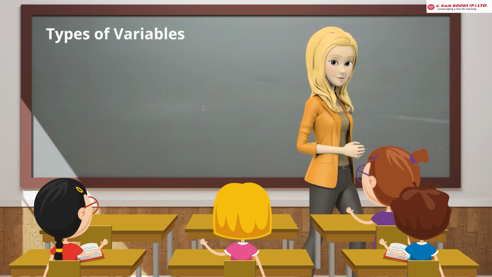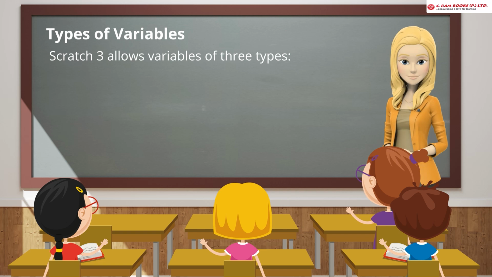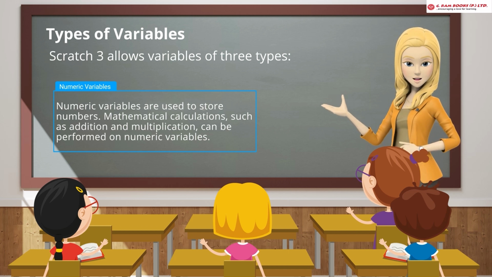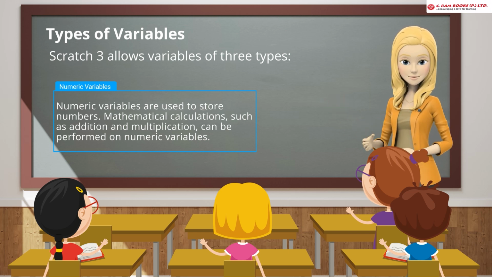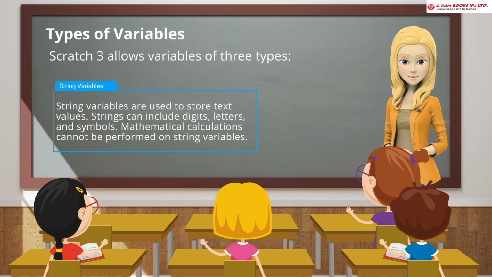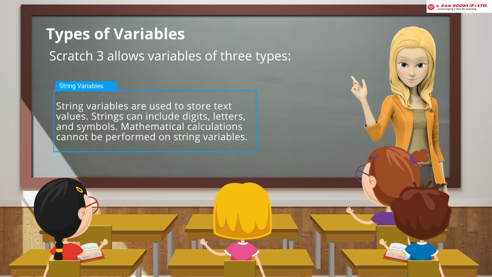Types of variables. Scratch 3 allows variables of three types. Numeric variables. Numeric variables are used to store numbers. Mathematical calculations such as addition and multiplication can be performed on numeric variables. String variables. String variables are used to store text values.